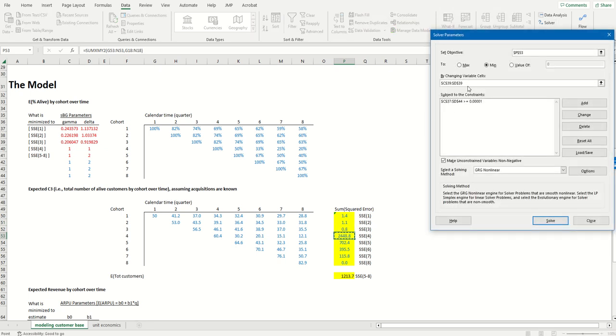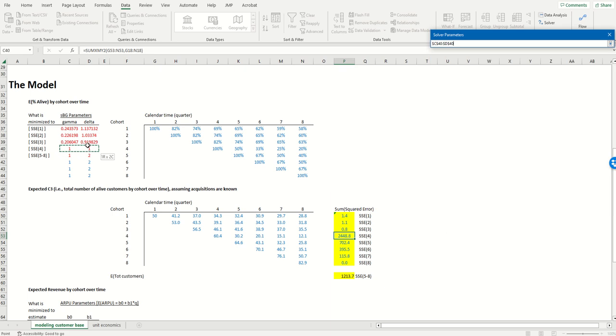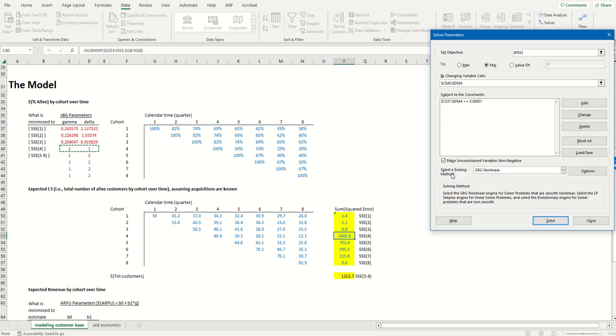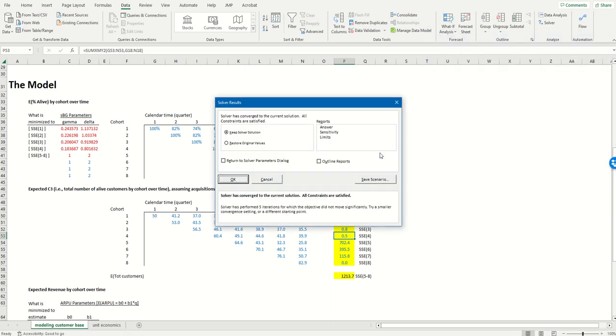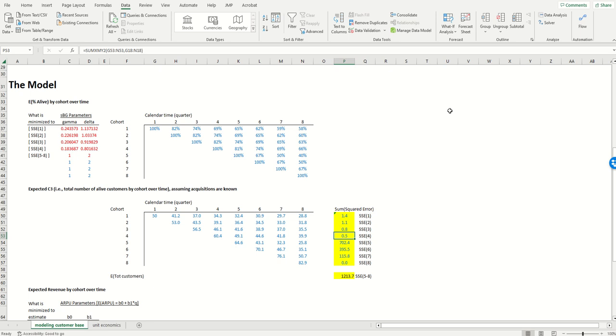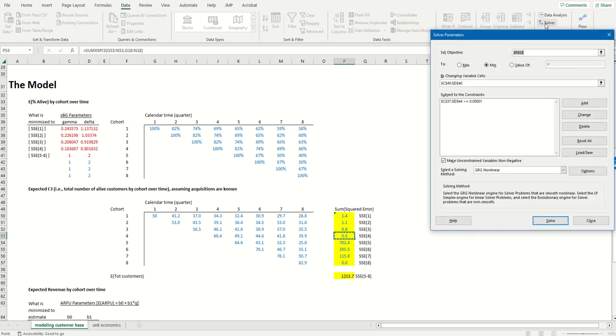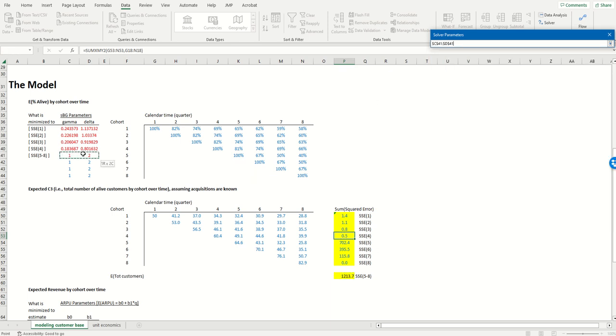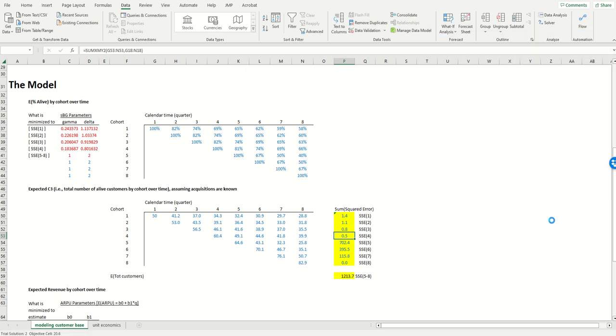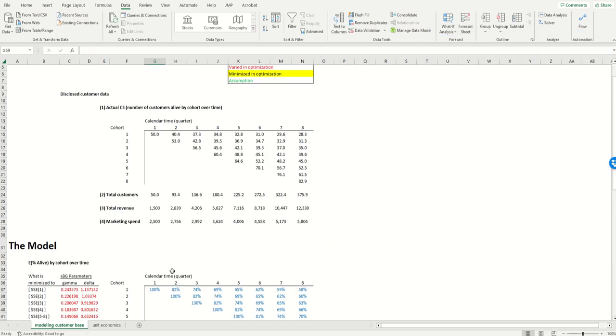Now we're going to minimize that by changing the cohort 4 parameters. And then finally, we're going to knock out cohorts 5 through 8 all in one fell swoop. So we're going to make this as small as possible by changing these parameters. There we go.